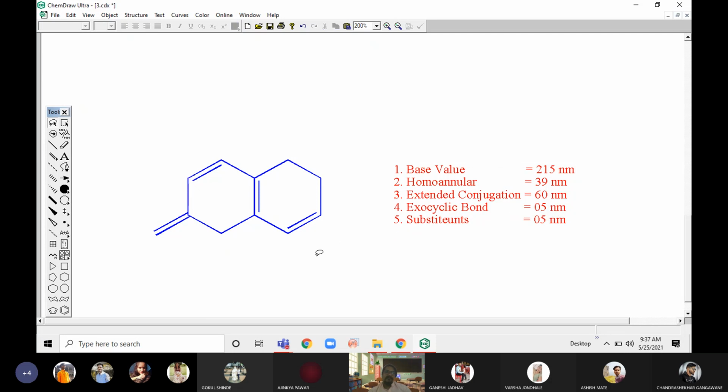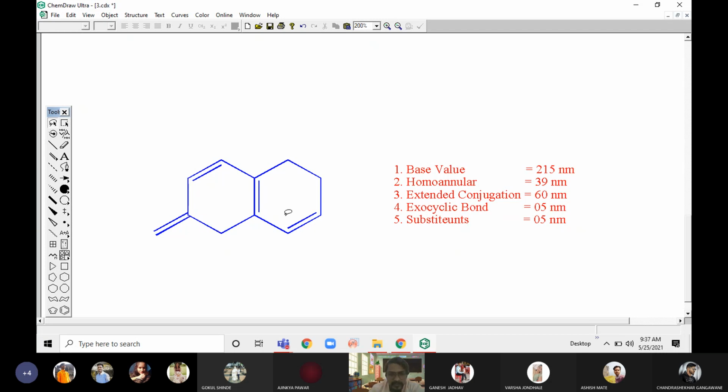Now to find the substituents, I have to again go for this carbon. See, there is no substituent here. This carbon has this substituent, this is first, this is second, this is the third on this side. Then there is nothing here, there is again 1.